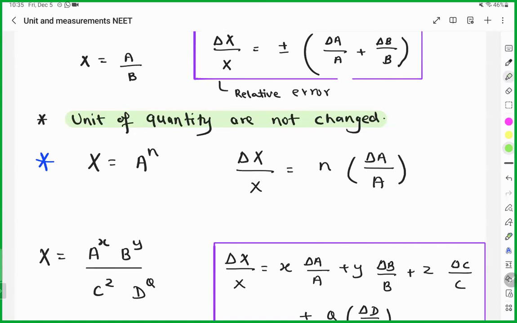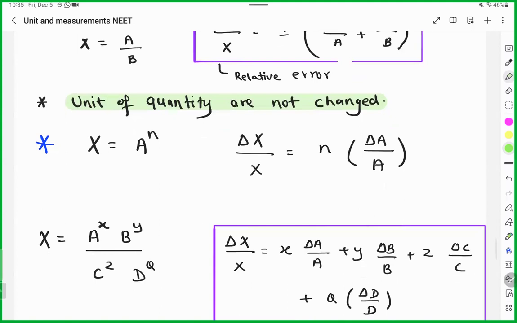Okay? Unit of the quantity are not changed in another system, another form. If they are in millimeter, they are taken as millimeter. If they are centimeter, they are taken as centimeter. Because their ratio is unitless. Because delta x by x is unitless.